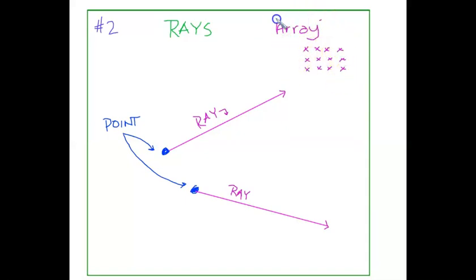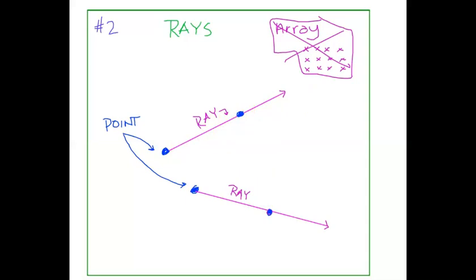This is an array. We're not doing arrays. We're doing rays. Now, a ray could have other points on it. It doesn't have to have just the beginning point. It can have other points on it as well. But it doesn't have an end.